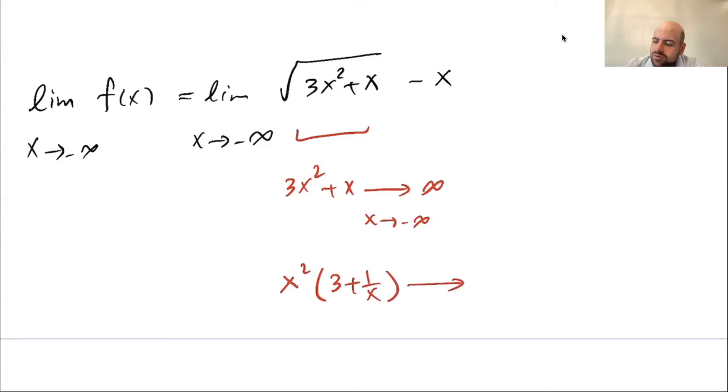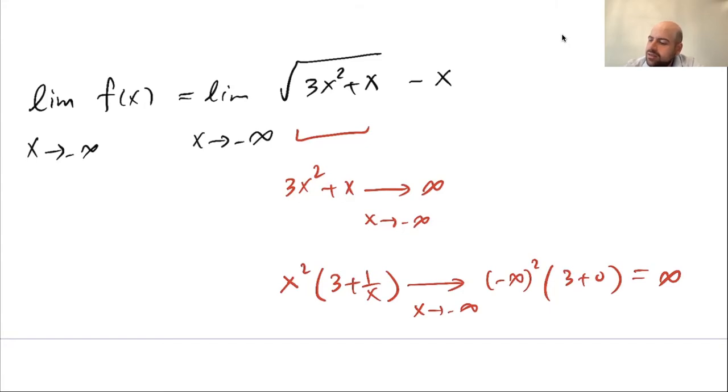This will go to infinity as x goes to minus infinity, right? Because it will be like minus infinity squared times 3 plus 0. And this is infinity squared, which is infinity, times 3 is infinity. So we can justify this way.